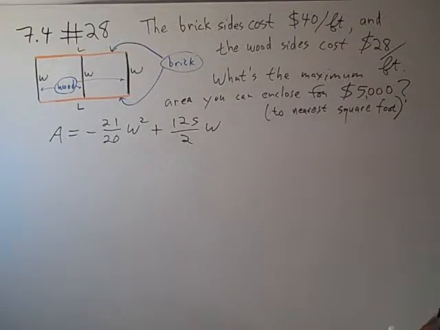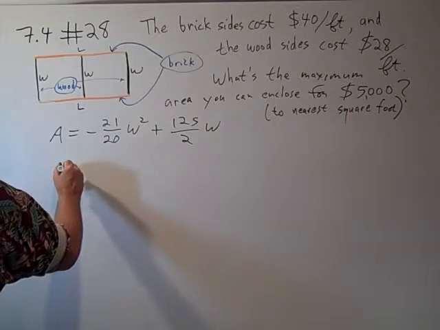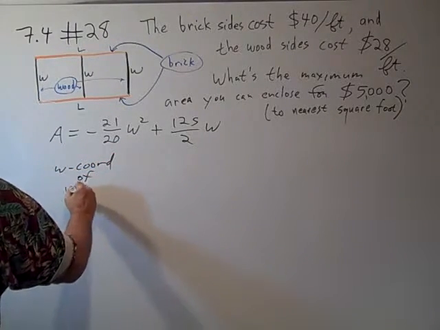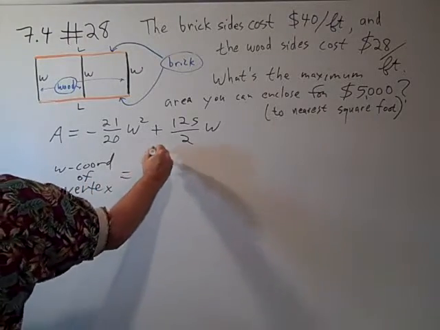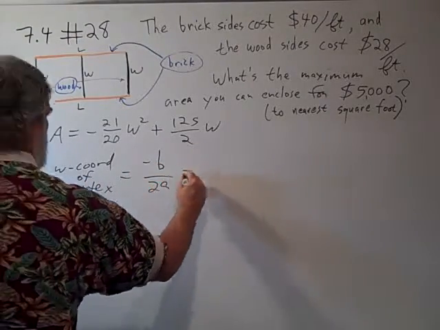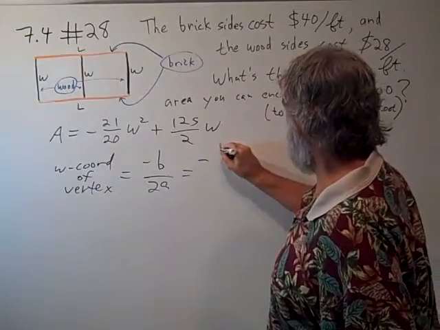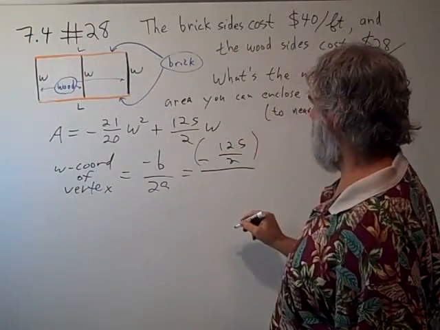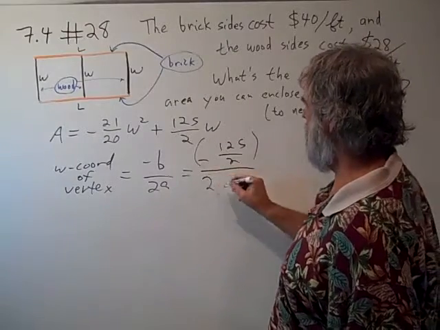So we need to find the vertex of this, and the W coordinate of the vertex is negative b over 2a. In this case, that's negative 125 divided by 2, divided by 2 times a.